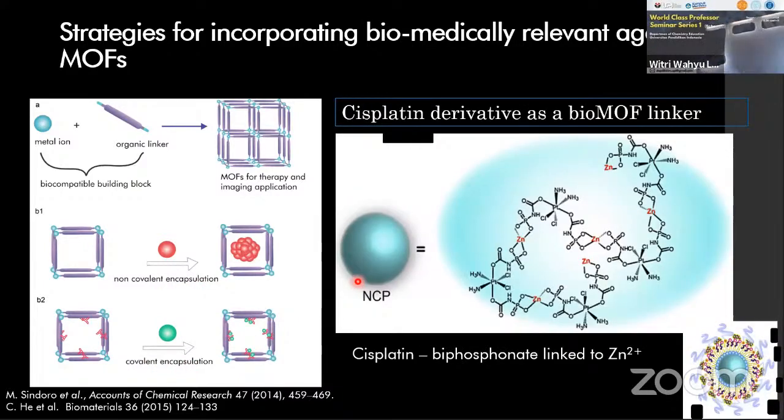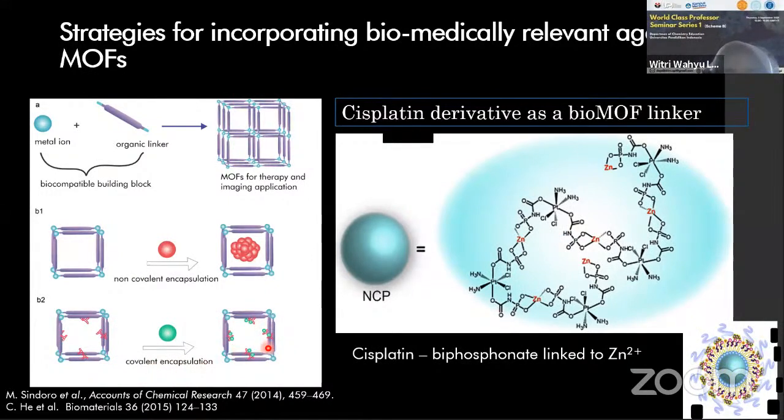And here is an example of how cisplatin is connected to a bisphosphonate linkage to form a polymer like this. It means that the cisplatin, the drug itself, is connected directly to this polymer, and it can act as a drug and also as the medium for its release. That is what we mean by covalent encapsulation.